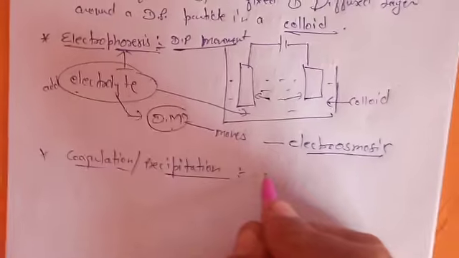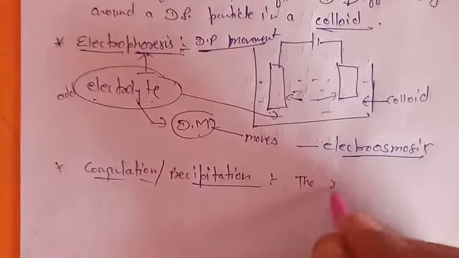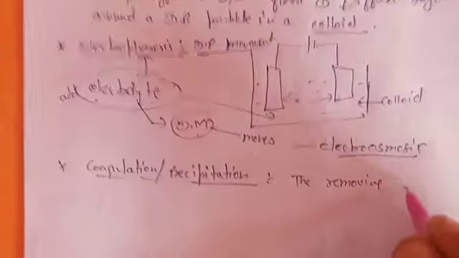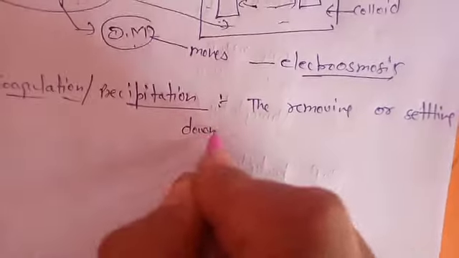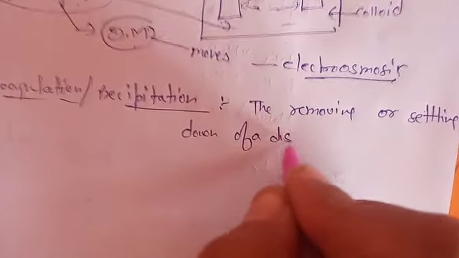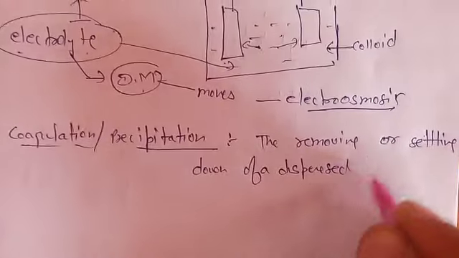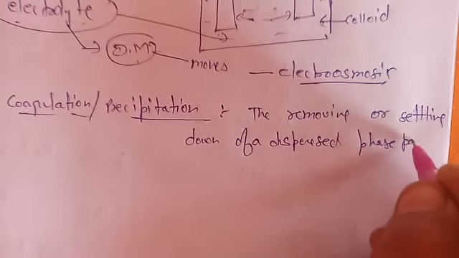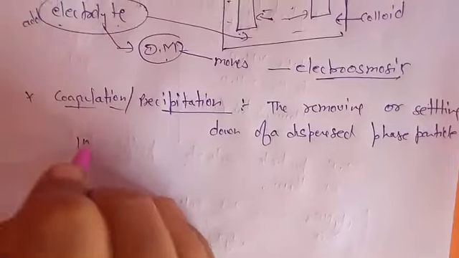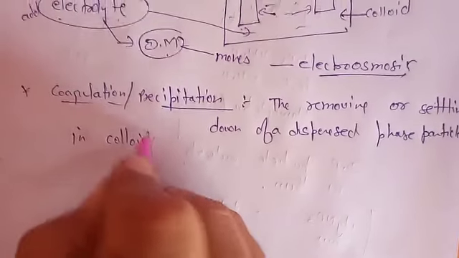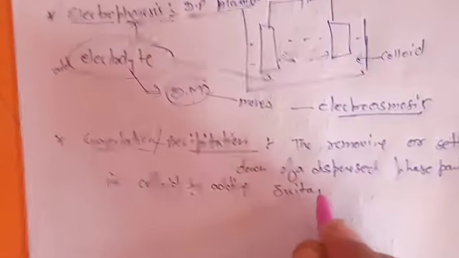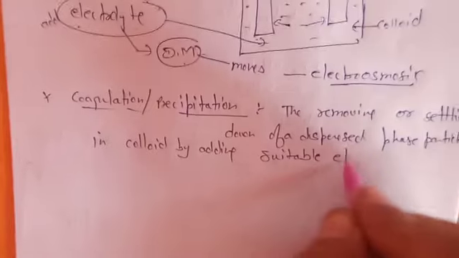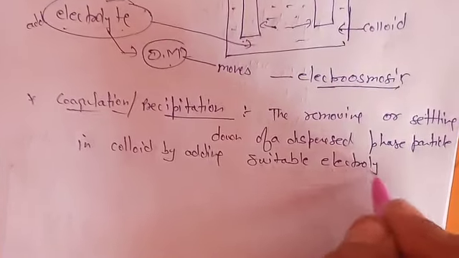So you can say the removing or settling down of a dispersed phase particle in a colloid by adding a suitable electrolyte is termed coagulation or precipitation. We will also discuss this suitable electrolyte.